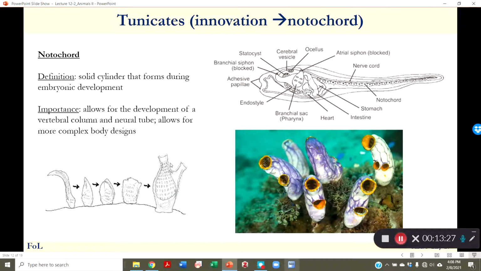And because that cylinder is in the center, it allows for the development of a vertebral column eventually, and a neural tube. And so it allows more complex body designs. It allows more specialization in different parts of the body. And you can see that this is what their mobile life stage looks like. So it's much more complicated than what you saw when we learned about sponges.